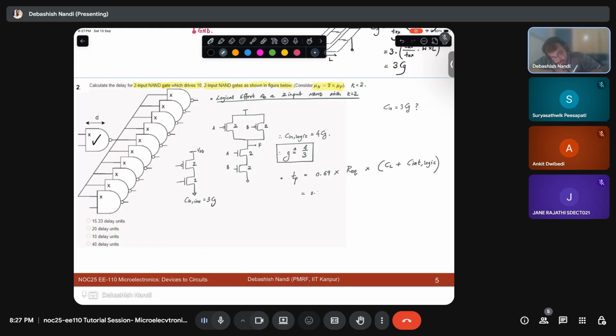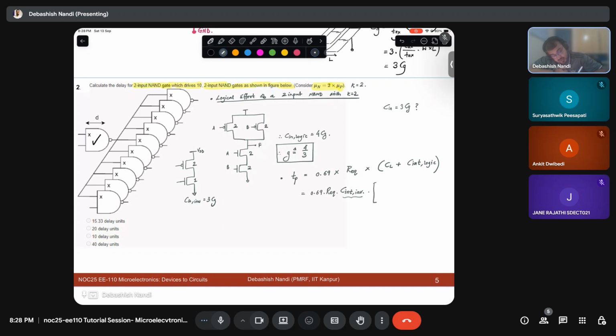So what we'll do, we'll take C internal of inverter out. So this is something else that we'll define, okay?